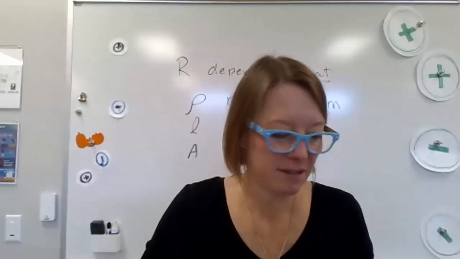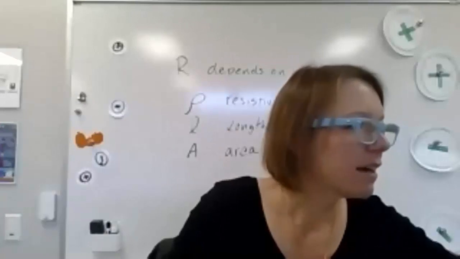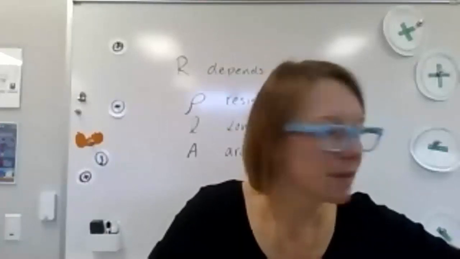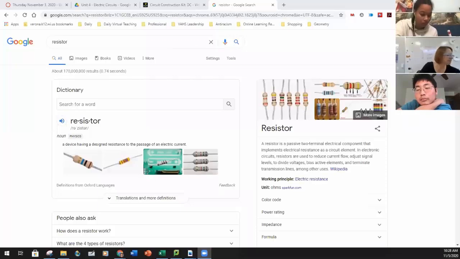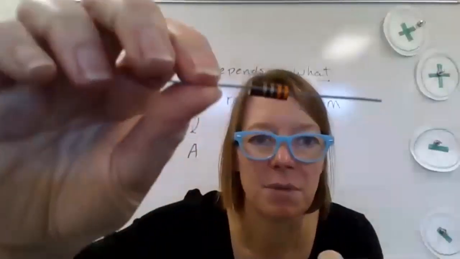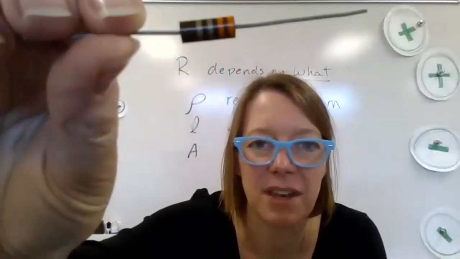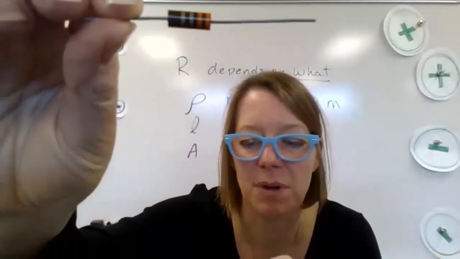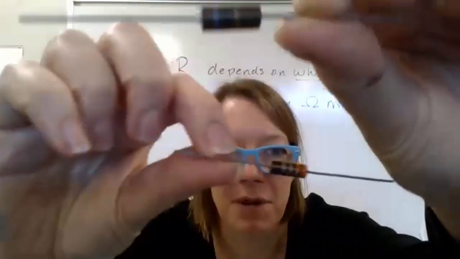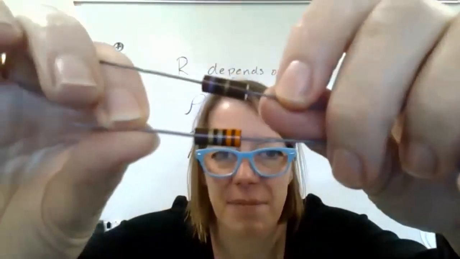You can Google this for fun. See all these little resistors that look like this? And I have these in the classroom. Here's a little resistor of the type that I would use in a circuit board. And I've got different ones with different colors.